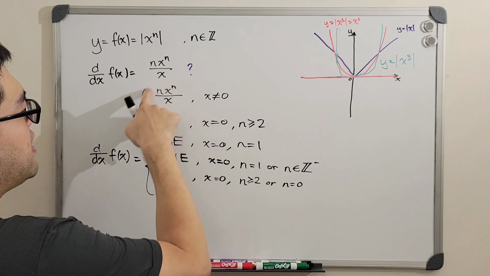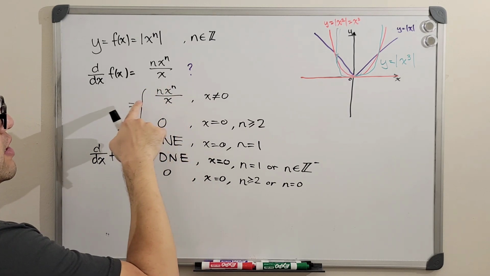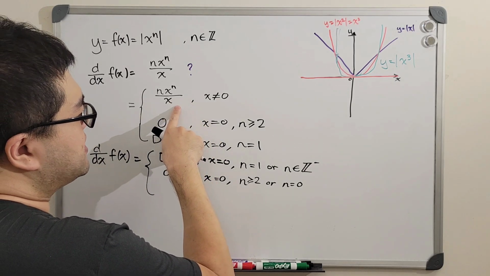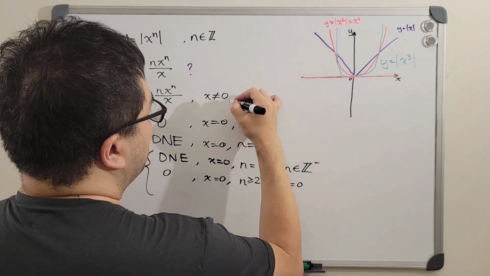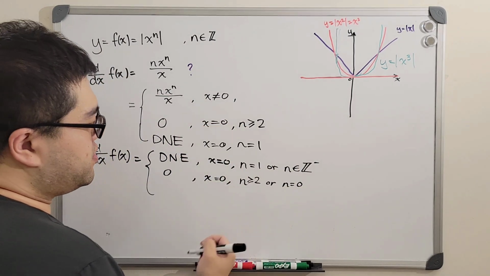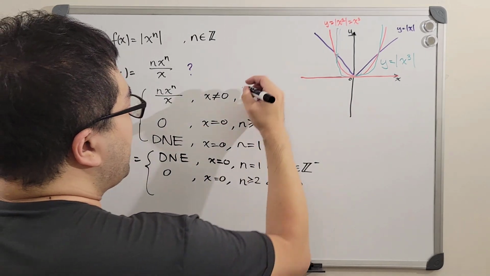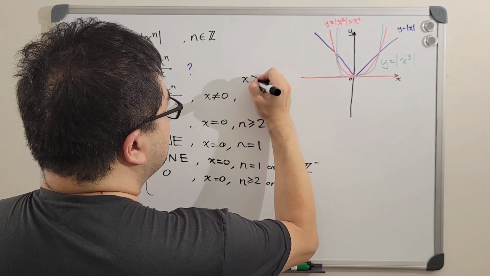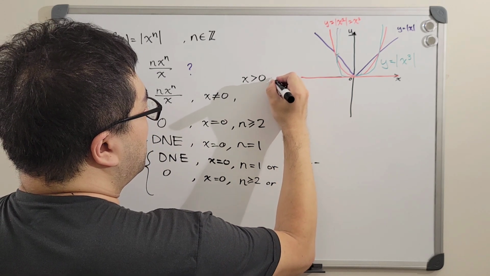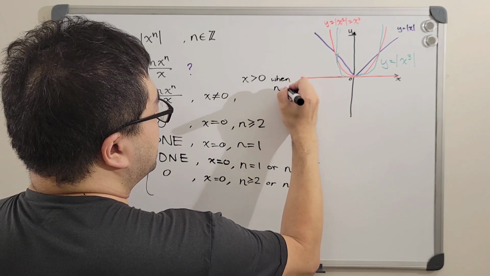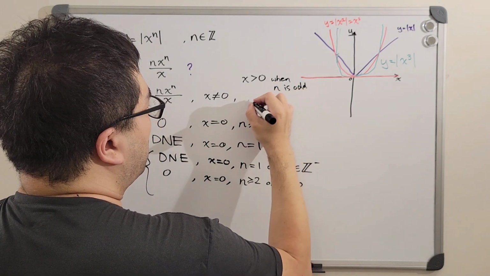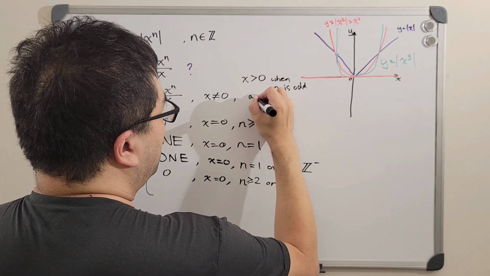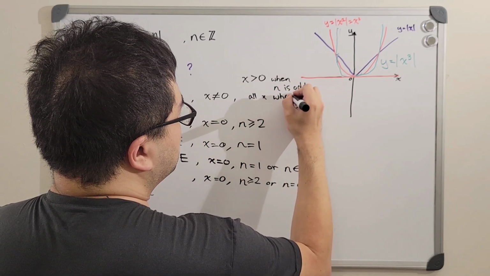Now, how do we combine this case and the negative case together? Well, don't forget, we have two different things in this case. First of all, we're saying that x is not equal to 0. That will actually include both of them. Then here, we have x greater than 0 when n is odd, or for all x when n is even.